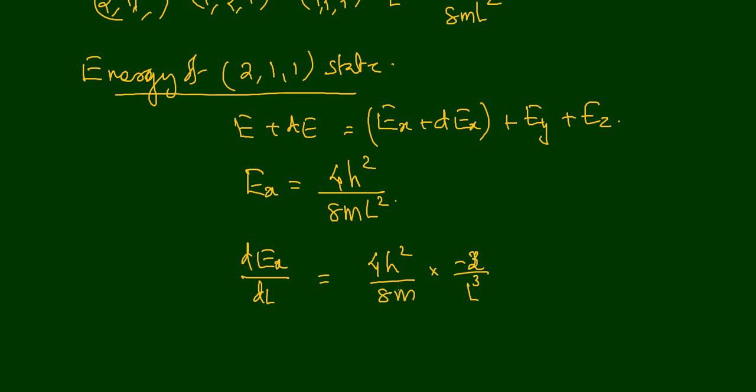So let me cancel this 8, 4 into minus 2 and 8. Then I will get minus h² divided by ml³. So that is dEx by dl.